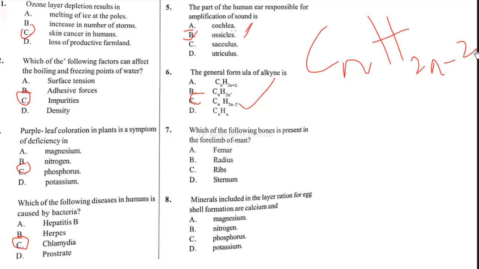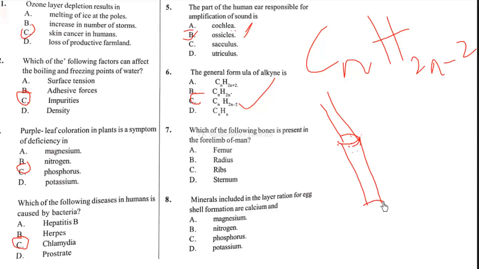Which of the following bones is present in the forelimb of man? So the forelimb is from your, let's say this is your arm, it's between your wrist and your elbow.